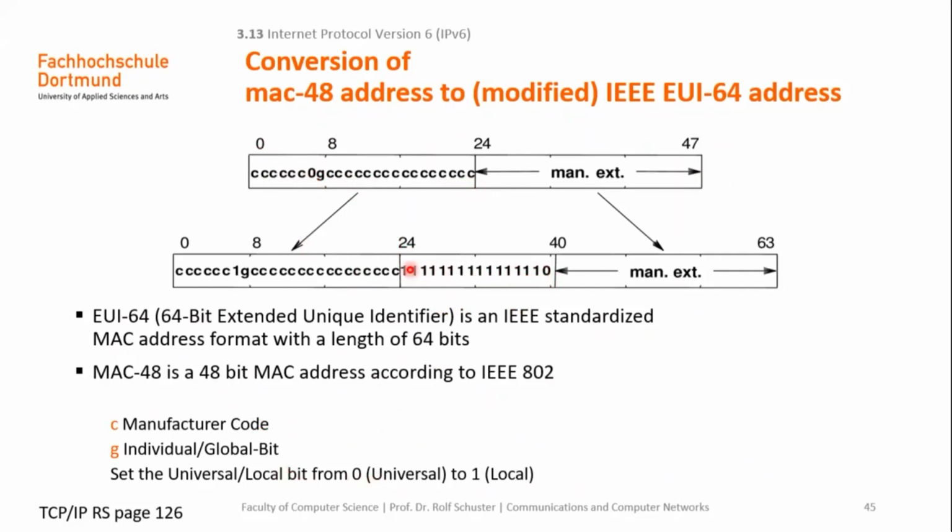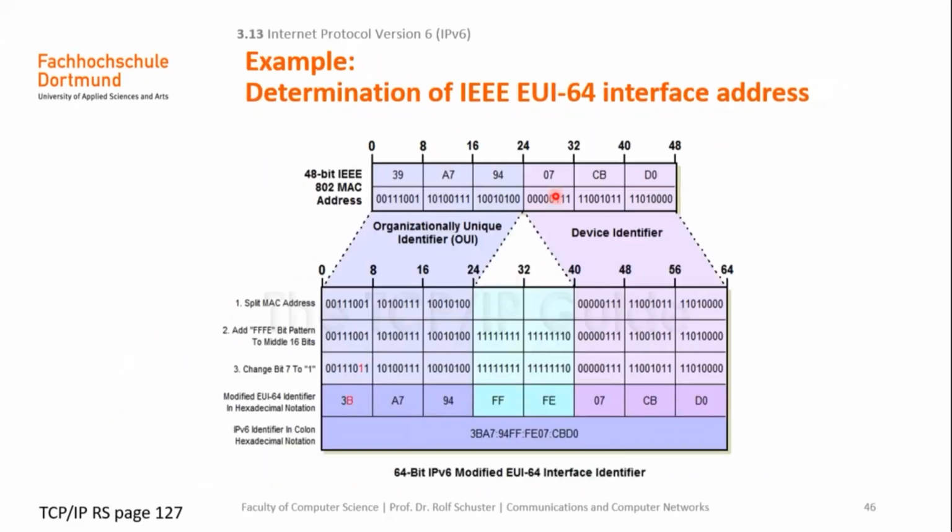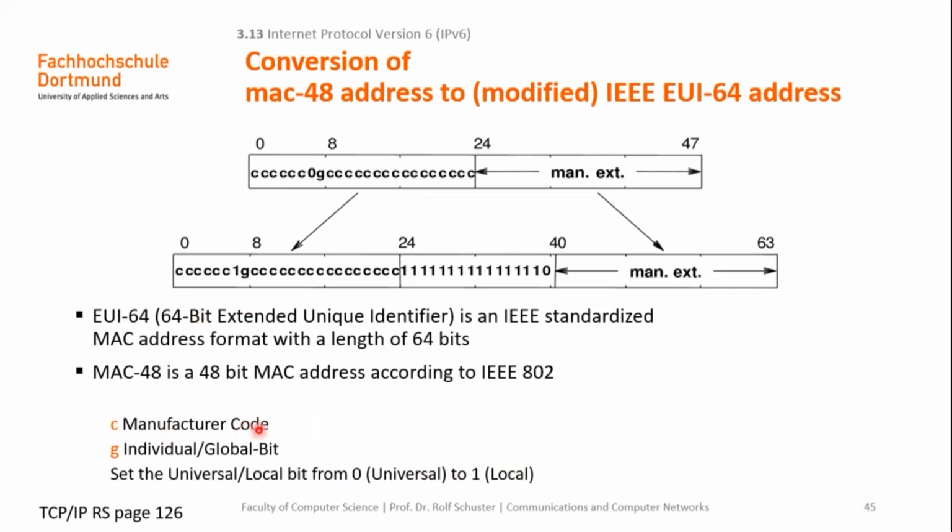In this example, if we had this MAC address, 39A79407CB0, we transform this 48-bit MAC address into this extended unique ID of 64 bits, inserting the code FFFE and changing the manufacturer code bit to 1.